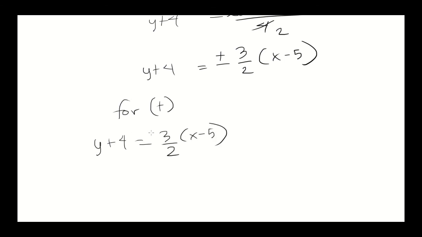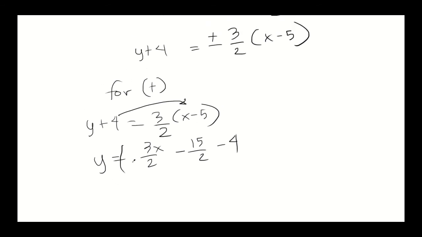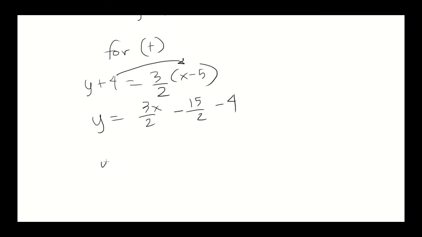So for positive, we transfer the 4, and y is equal to 3 over 2 x minus 15 over 2 minus 4. So y equals 3 over 2 x minus 15 over 2, and 2 divided by 1 is 2 times negative 4 equals negative 8.